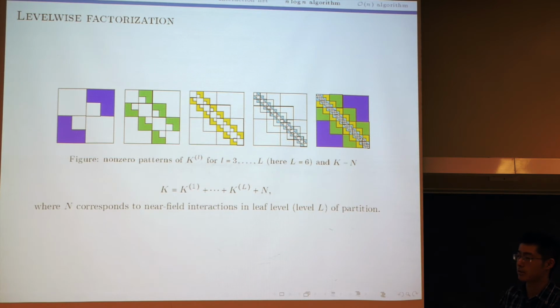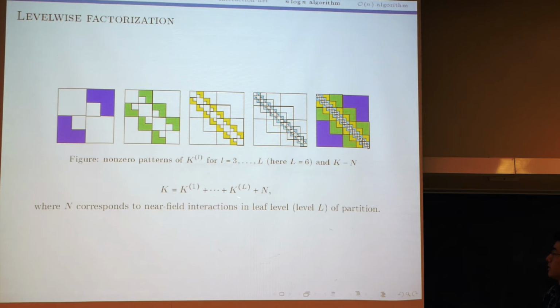So the whole matrix is decomposed hierarchically into a bunch of matrices, where for each matrix we have a factorization with corresponding matrix vector product complexity linear. Here N is a banded matrix left over here.